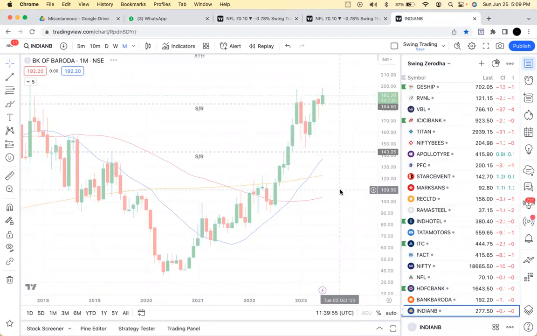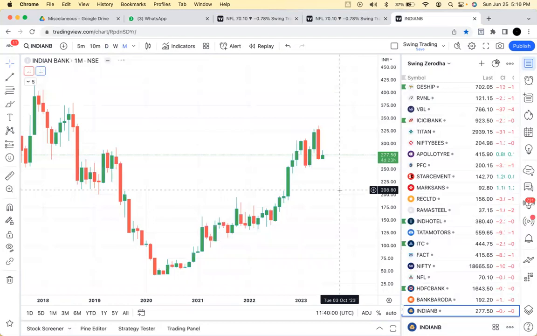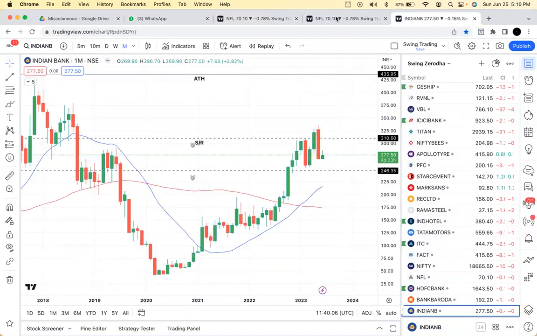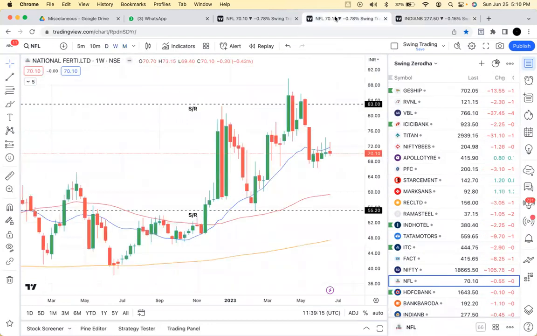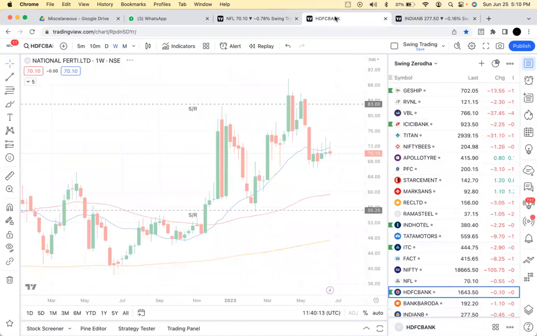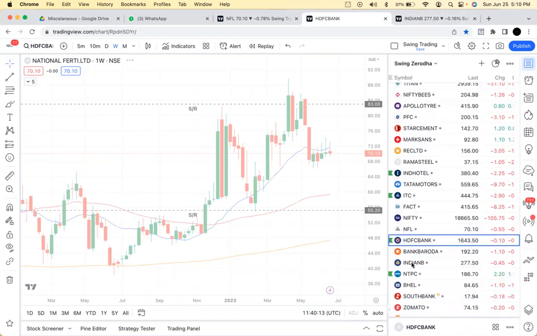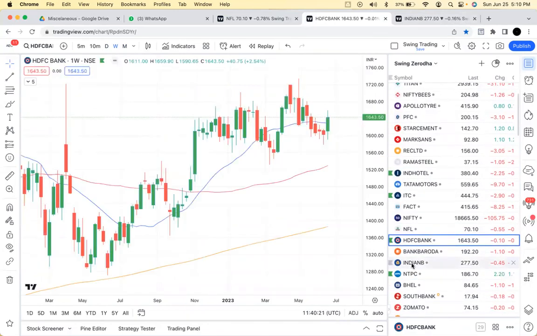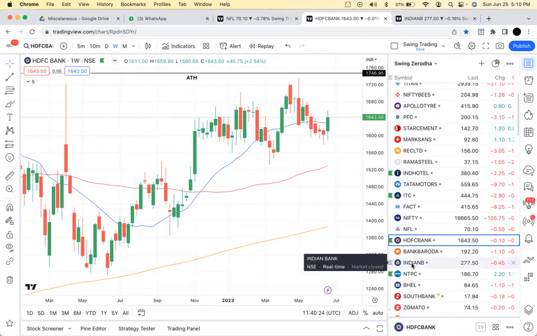Indian Bank had been doing good on the short term and on the long term, but on the weekly, see, this is good here, but let's see what happens. Indian Bank on the weekly. Come on, let's get this moving in the right direction.